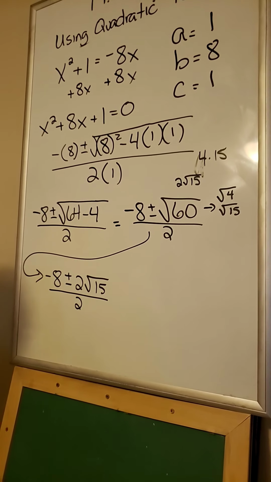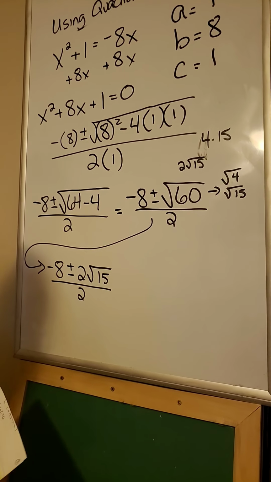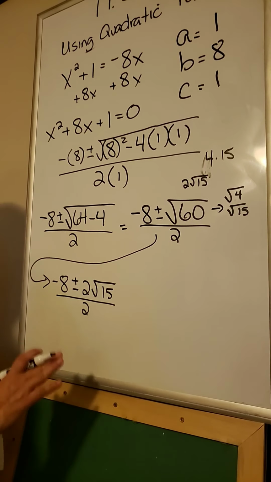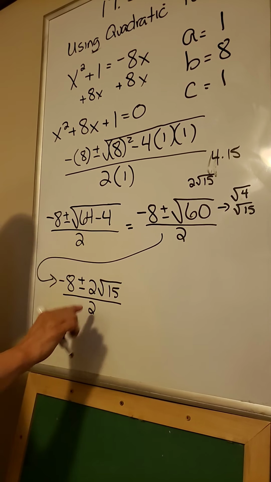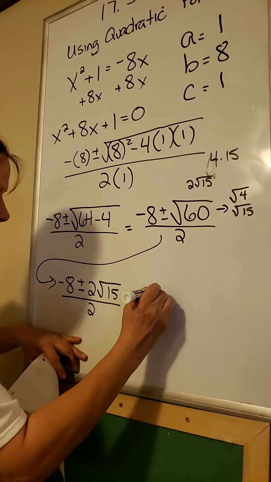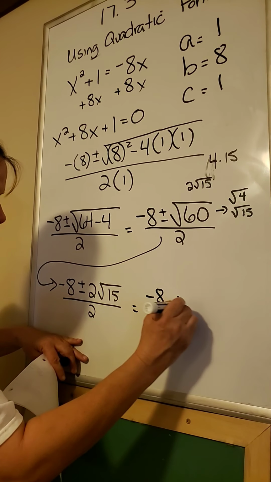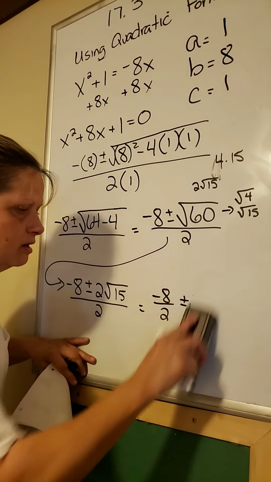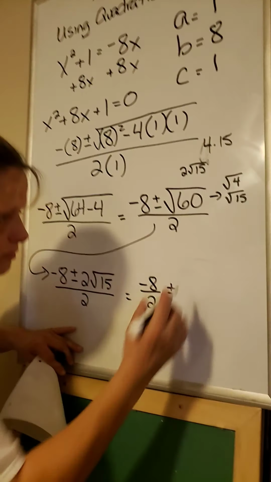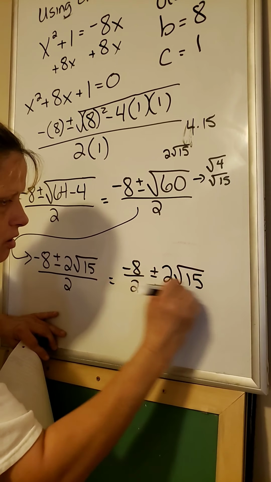Now you got to look at that and ask yourself, can you simplify that? Yeah, you can. You can rewrite this as negative 8 over 2 plus or minus, oops, I forgot my 2, 2 radical 15 over 2.